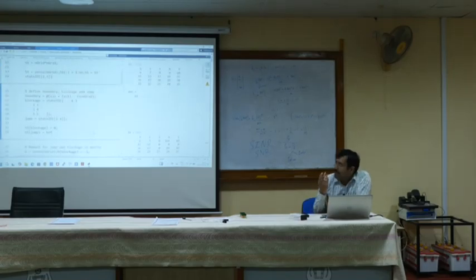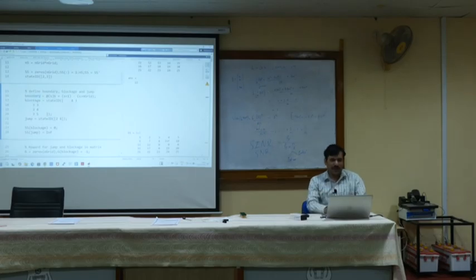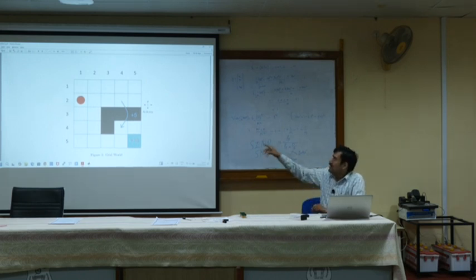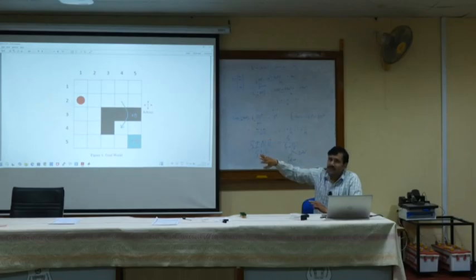Now I have to define the boundary, the blockage, and the jump. So how do I define the boundary here? Here I have taken some state, and if the state is less than 1, for example I am at 2, 1 and I take the action on the left side, it will give me 0, but 0 is not in the system.